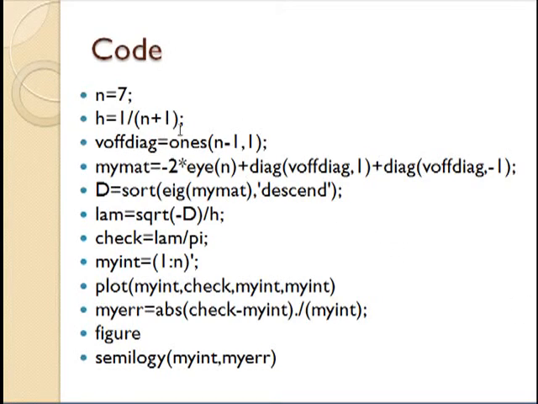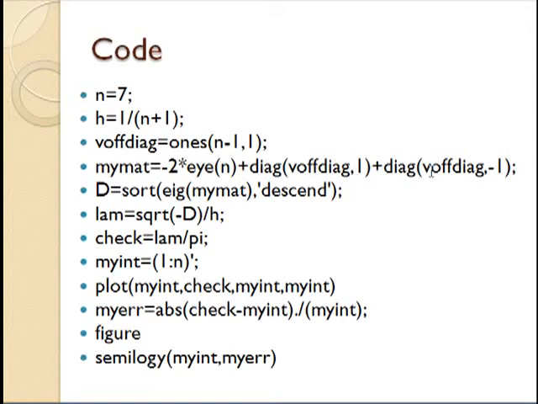So here's code to do that. I set n equal to 7 because I'm going to have a 7 by 7 matrix. h is the mesh spacing, which is 1/8 in this case, or 1 over n plus 1. Then I have a couple of equations here set up to do the tridiagonal. The minus 2 times I of n sets up an identity matrix with, instead of 1's, minus 2's on the diagonal.